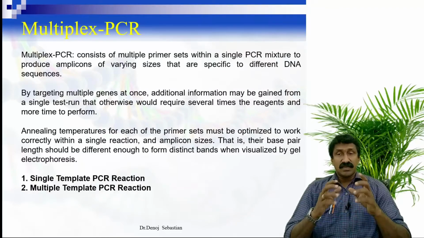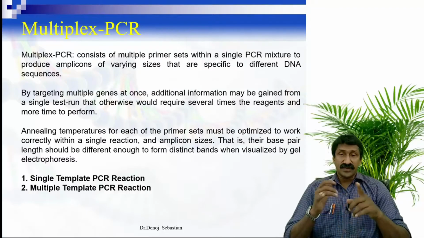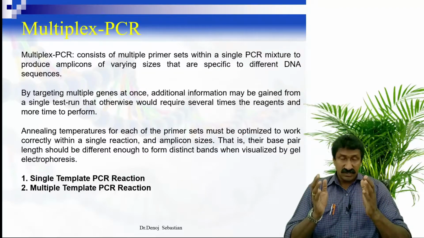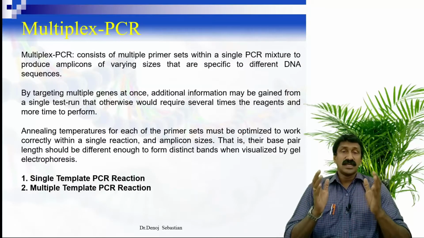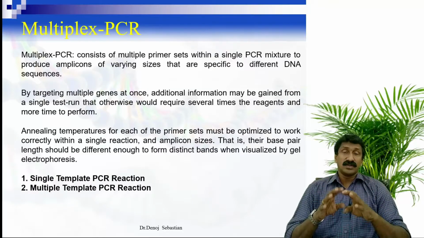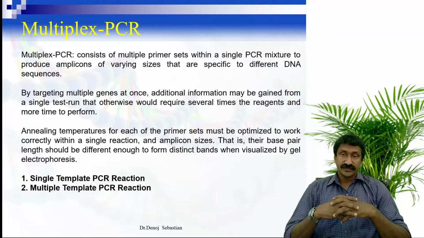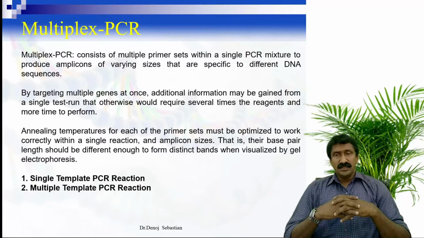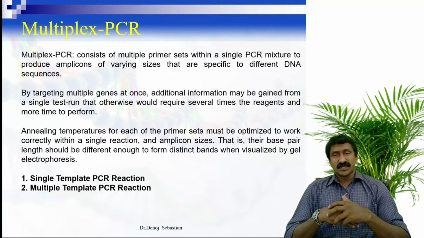When we are talking about the amplicon size, their base pair length should be different enough to form distinct bands when visualized in gel electrophoresis. There are two types of multiplex PCR: single template PCR reaction or multiple template PCR reaction.